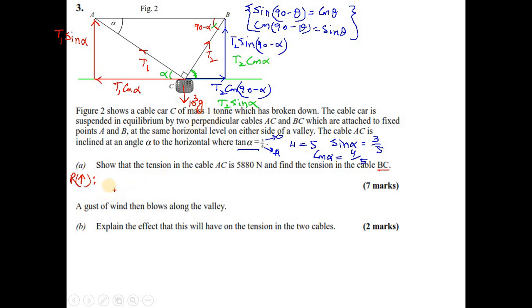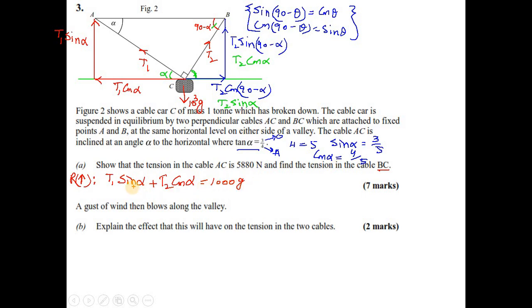So you can write T1 sine alpha plus T2 cos alpha is equal to the weight, which is 10 to the power 3 g, so this is 1000 g.